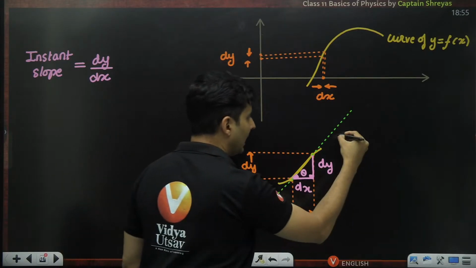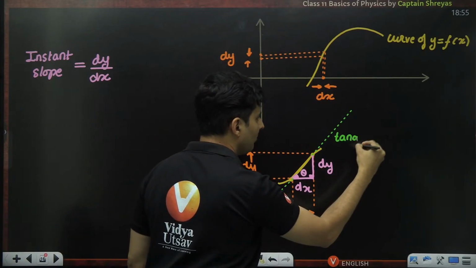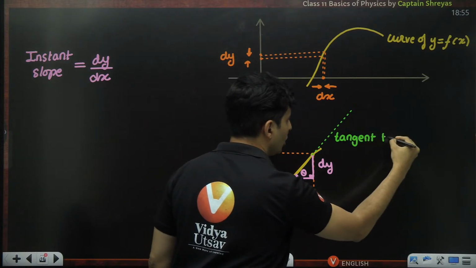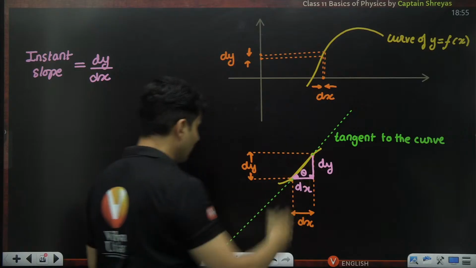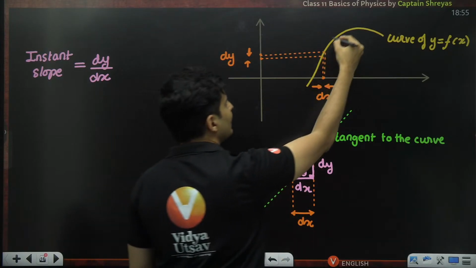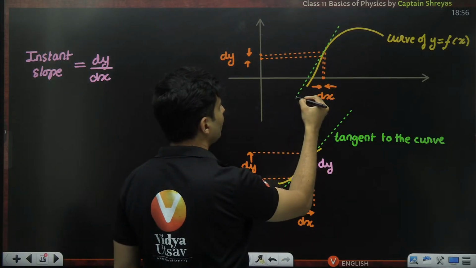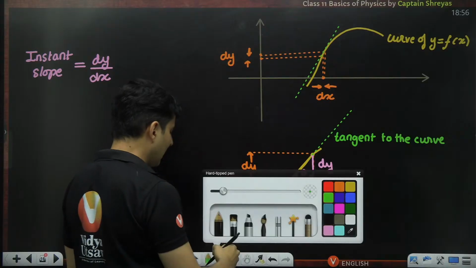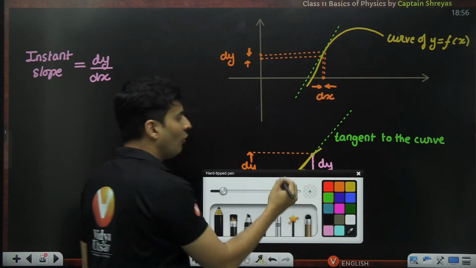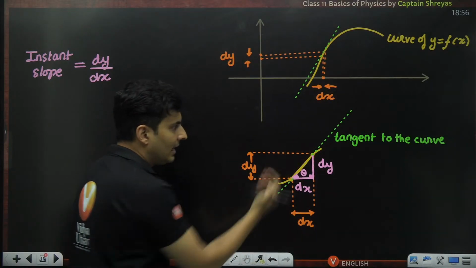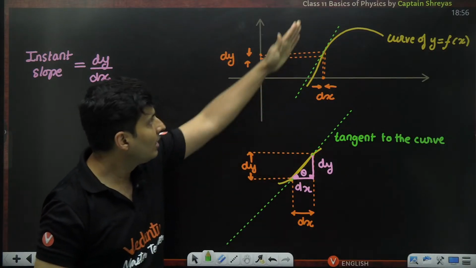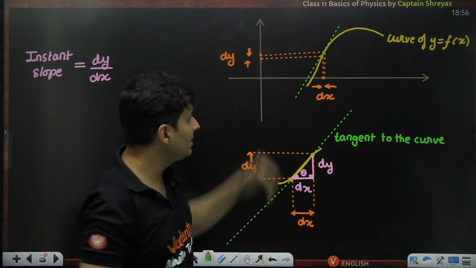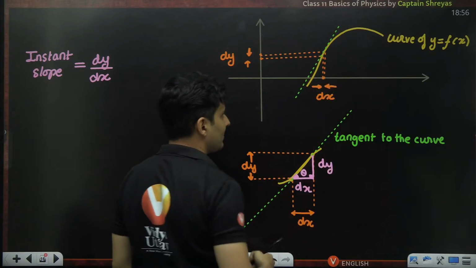In fact, that will become the tangent to the curve. And whatever angle the tangent makes with the horizontal, which is theta, will also be the angle which the tangent makes with the x-axis.